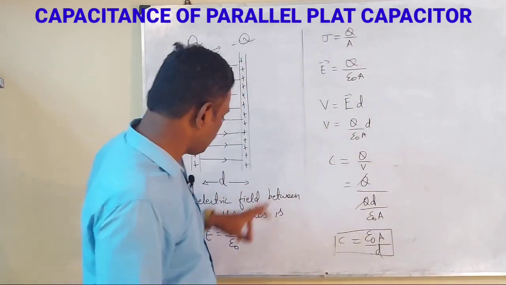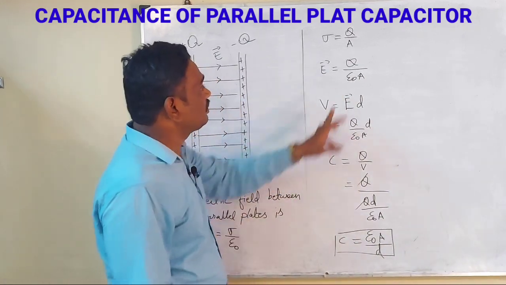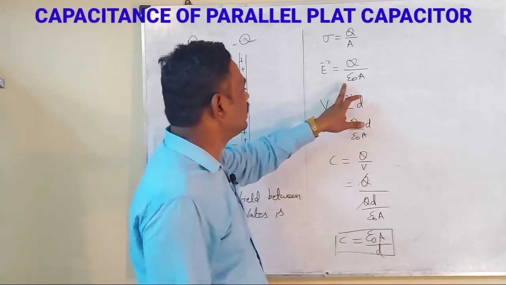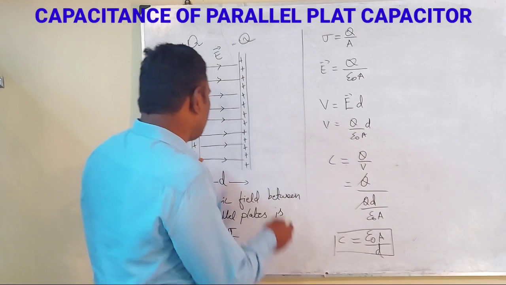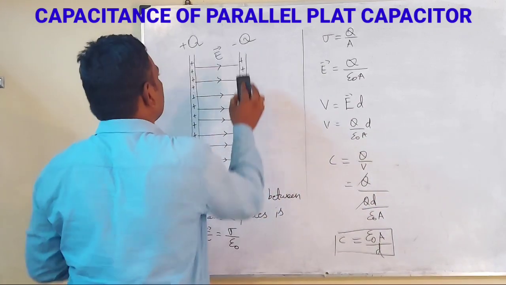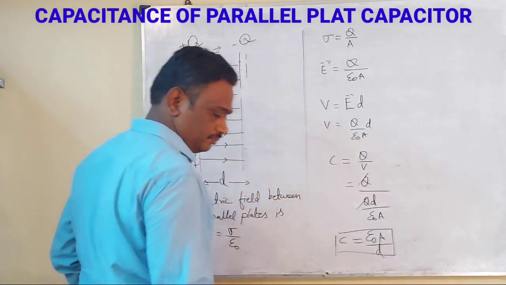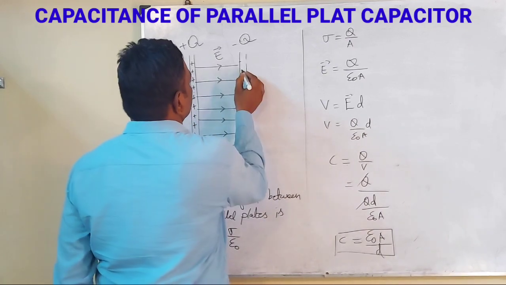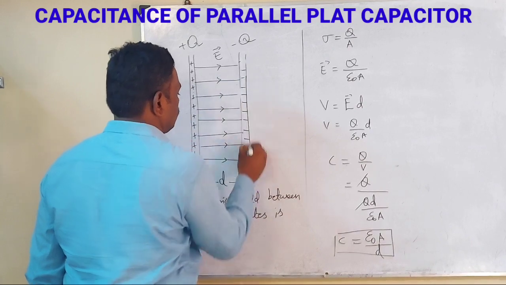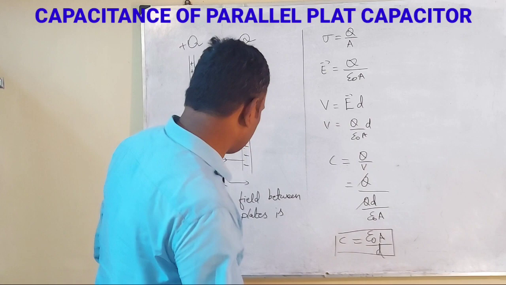Now we substitute sigma in the electric field, that is E is equal to, instead of sigma, q by A, divided by epsilon naught. And then the electric potential difference. See here, this is a positive charge and this is a negative charge.